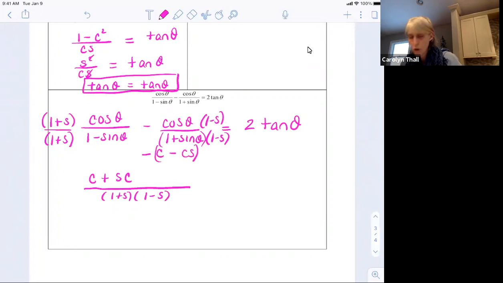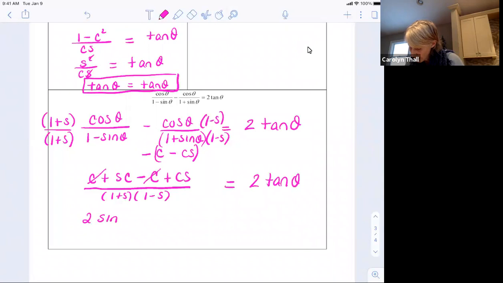Remember, I'm subtracting that entire quotient. So subtracting the entire set of parentheses. Minus cosine plus cosine sine. My cosines cancel. I'm going to have 2.